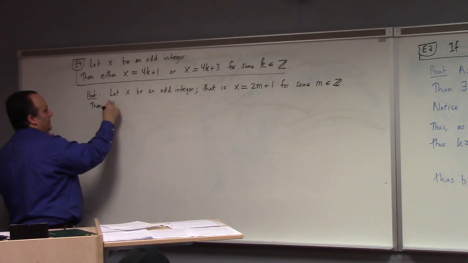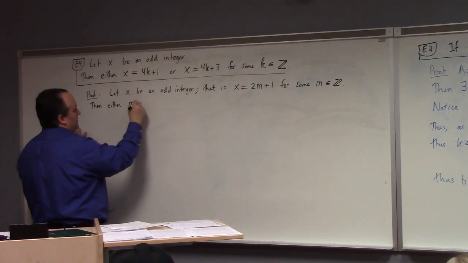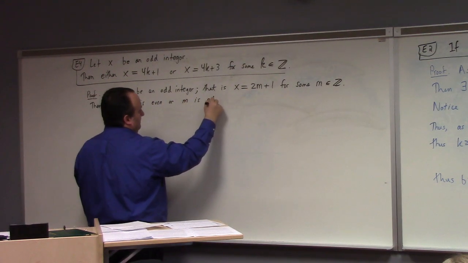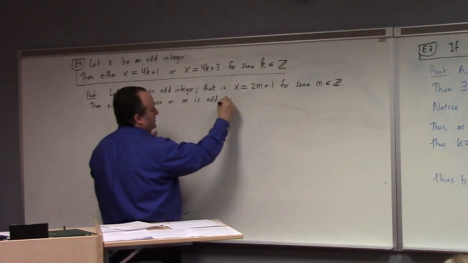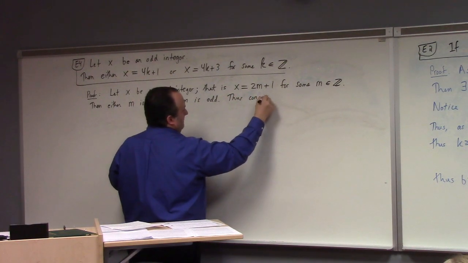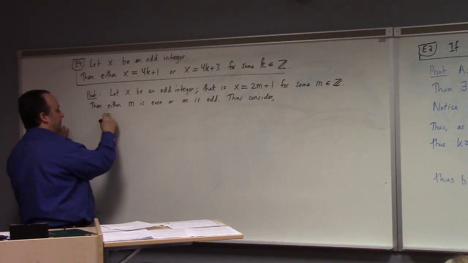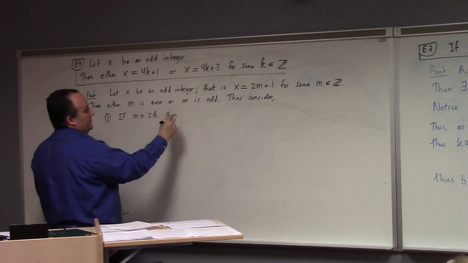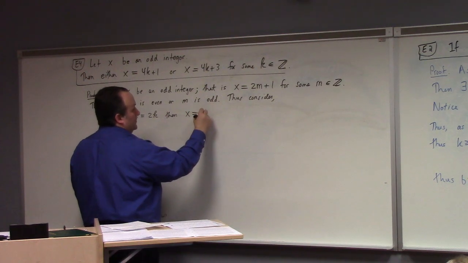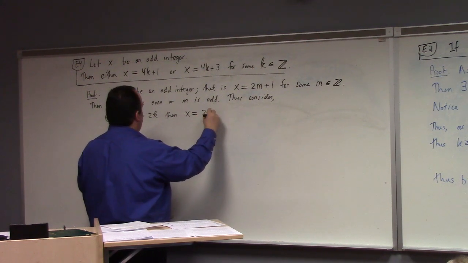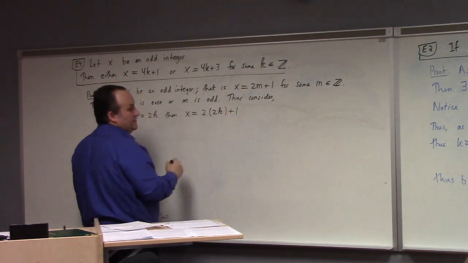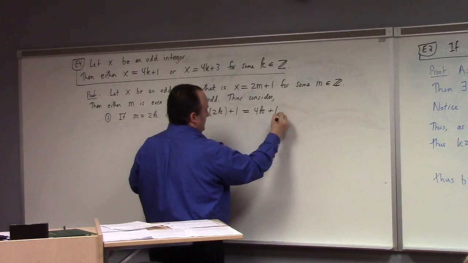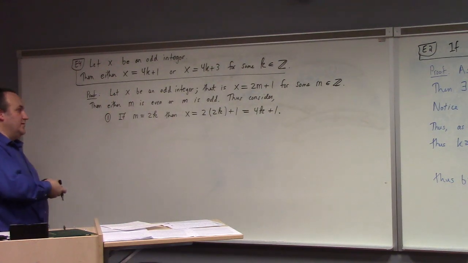Then either m is even or m is odd. Thus, consider, number one, if m is equal to 2k, then x is equal to 2 times 2k plus 1, which is equal to 4k plus 1. All right. Case number one.